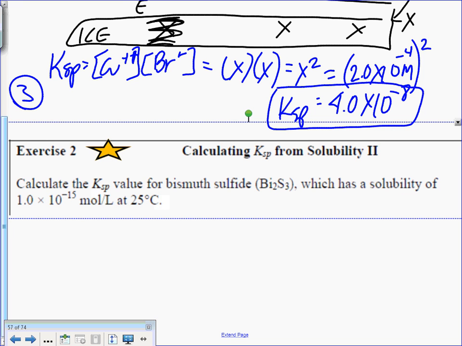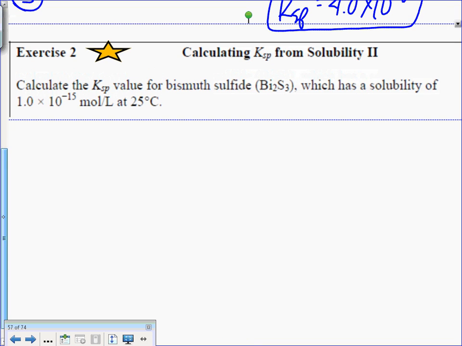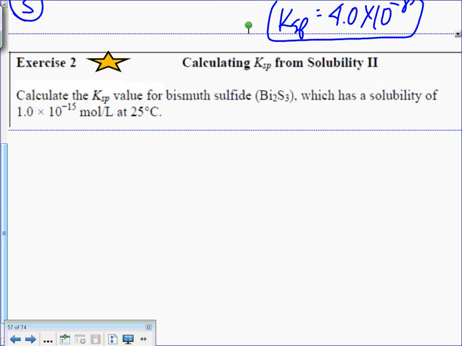Calculating solubility again, but this one's a bit more complex. I did a 1-to-1 mole ratio for the first one. Chelsea, I'll go back to it later for you, okay? I want you guys to tell me the BCE for this one first.